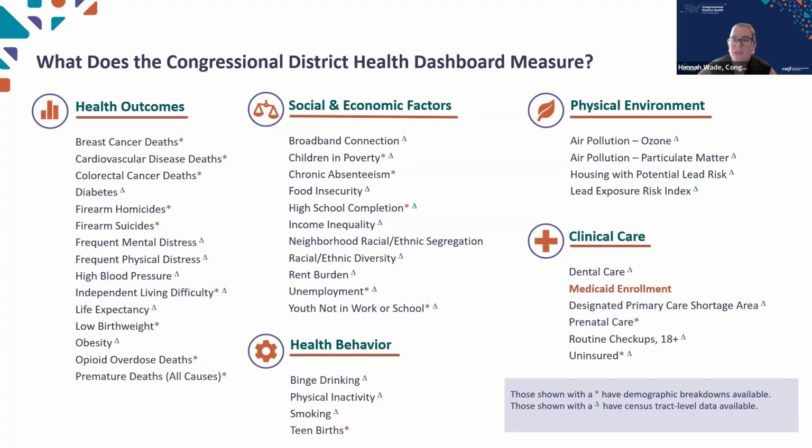That's by sex, race and ethnicity, and age group, depending on whether it's available at the data source and it makes sense with the measure. And then also for some measures, we have census tract level data available. Similarly, if it's available at the data source, then we provide it as well. And that can be really helpful when you're looking for differences within districts.